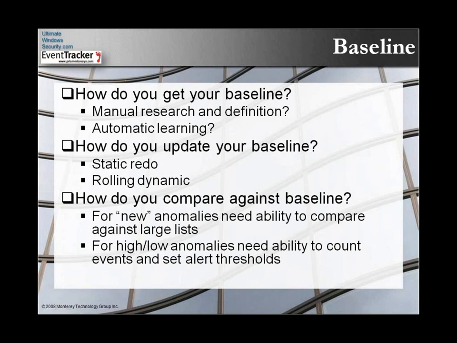Now, how do you compare against that baseline? Well, for new anomaly scenarios, like the first time Bob runs program X, we need the ability to compare against potentially large lists. Because think about it, Bob may execute a lot of different programs in a given day's time, or maybe we're doing this new process tracking on the entire enterprise, not just on a user by user basis.